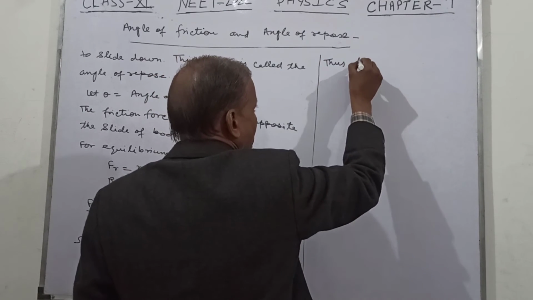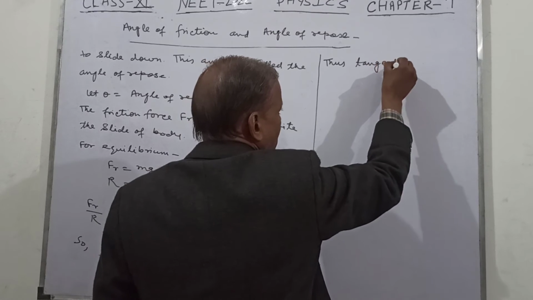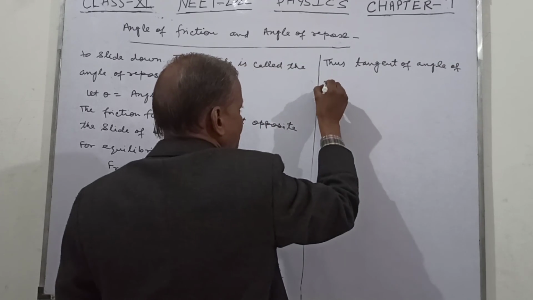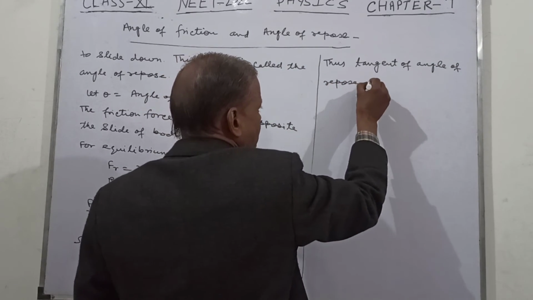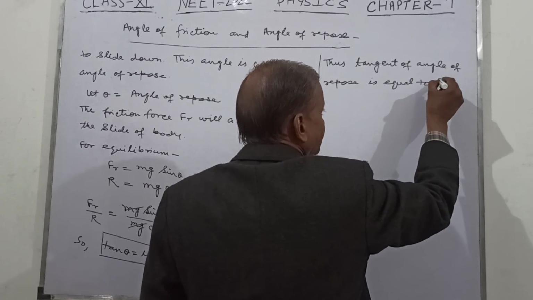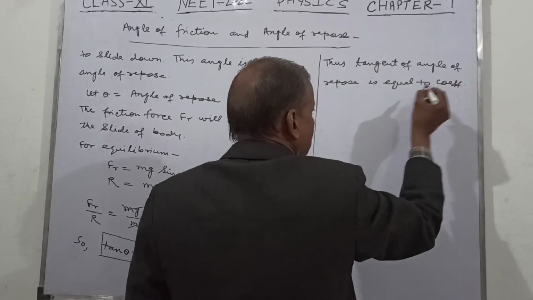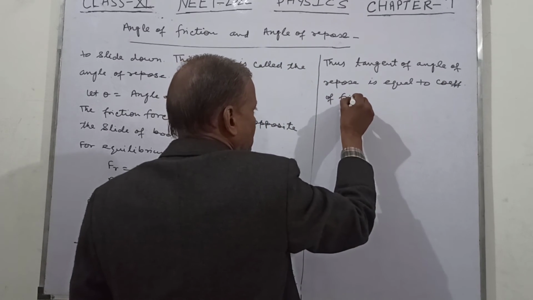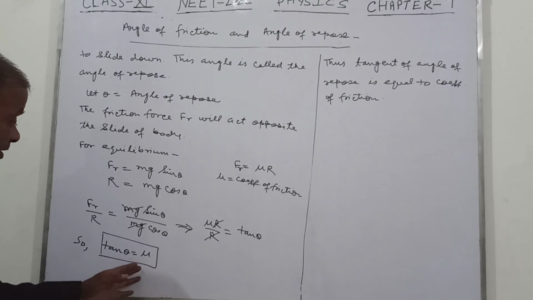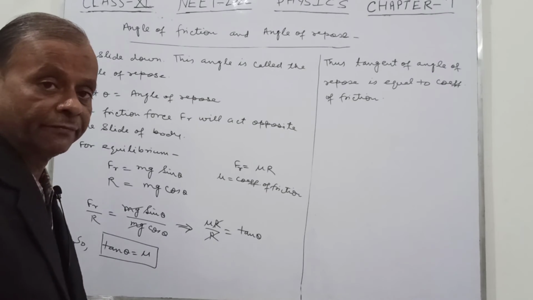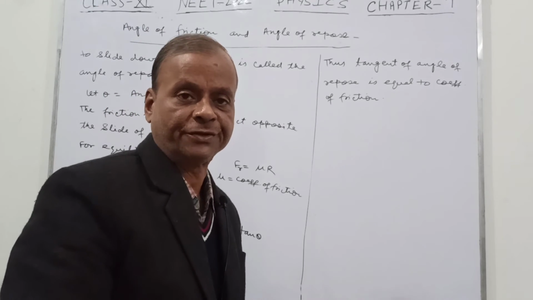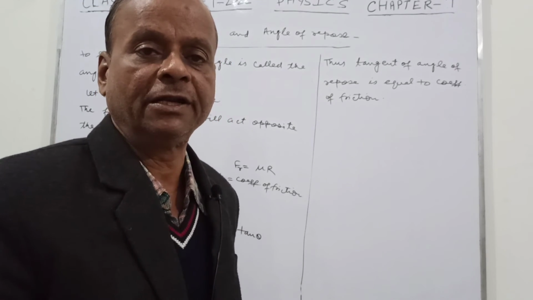Thus, the tangent of the angle of repose is equal to the coefficient of friction. And you know that the coefficient of friction mu is equal to 0 for a perfectly smooth surface and equal to 1 for a perfectly rough surface.